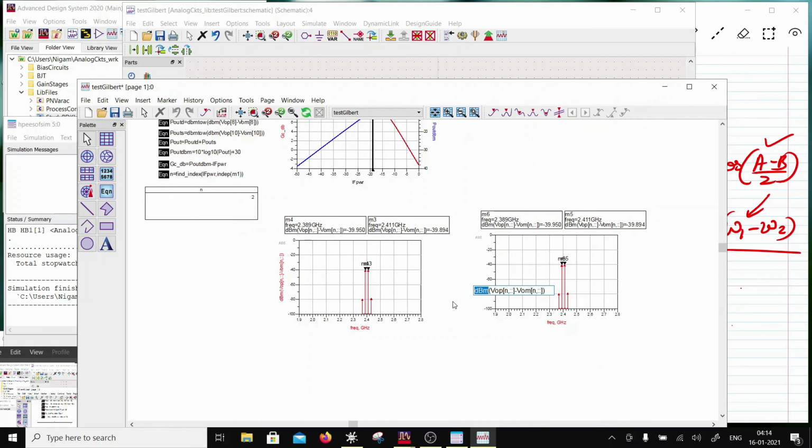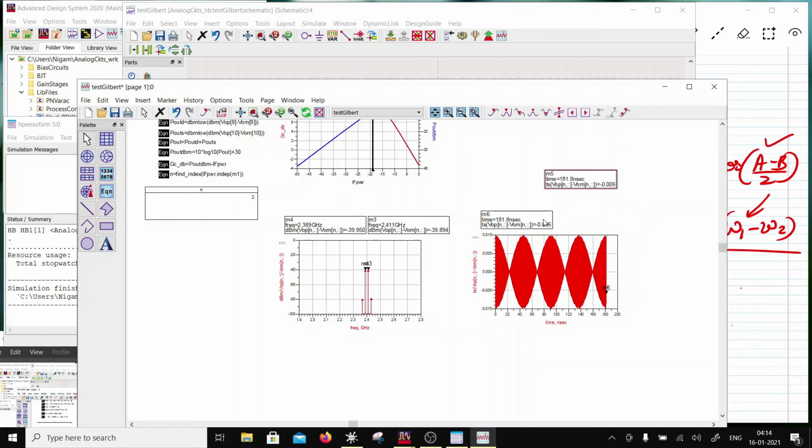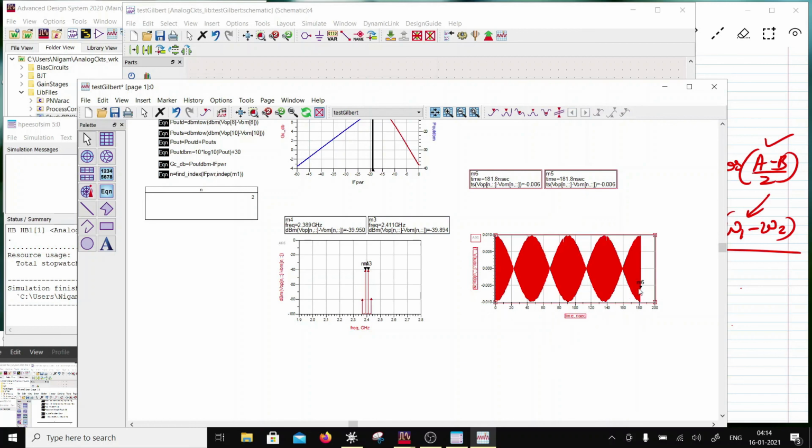So I'm going to be in time domain, TS, and here I will remove the scaling, X, Y. Okay, so this is at a particular, so I'm going to remove the markers here. I don't need these markers. Okay, so this is at the carrier frequency is over here.